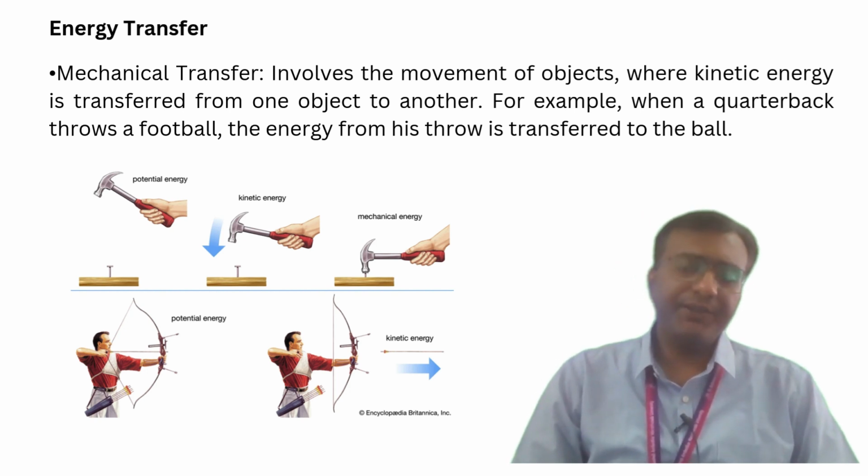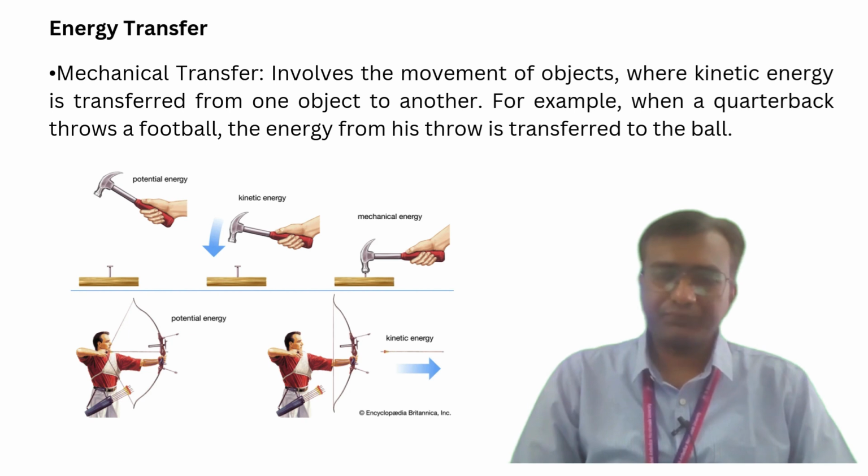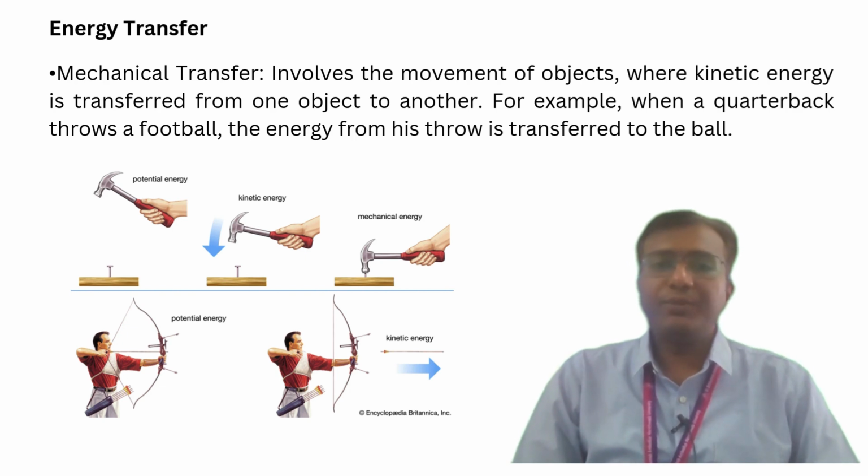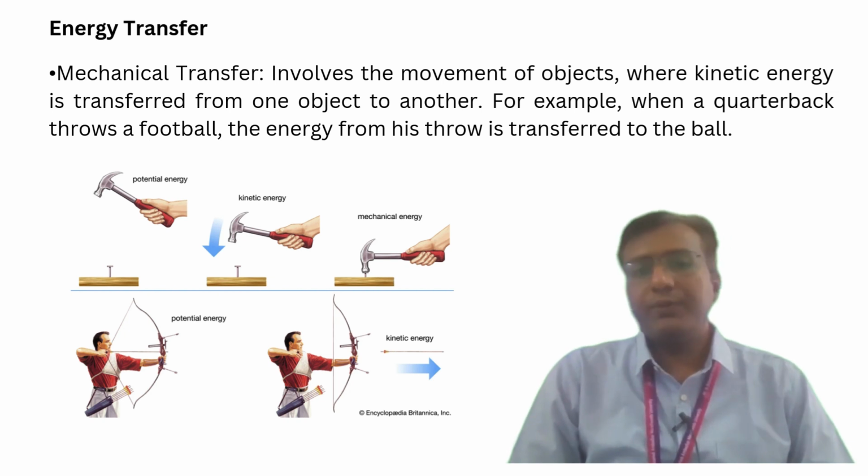To illustrate this concept, let's consider the example of a quarterback throwing a football. The quarterback uses the muscles in his arms to exert a force on the football. This force acts over a distance as the quarterback's arm moves, transferring energy from the quarterback's body to the football.